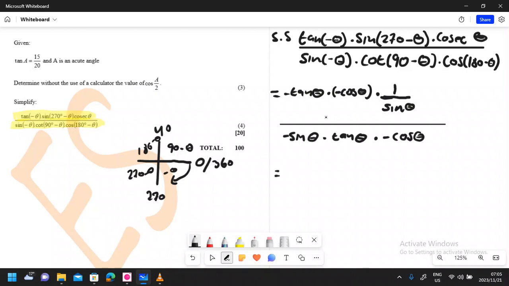So we continue. We are done now. So here, if we continue here, look at this. We have to change this. We can say the quotient identity. We can say negative sine theta over cos theta.